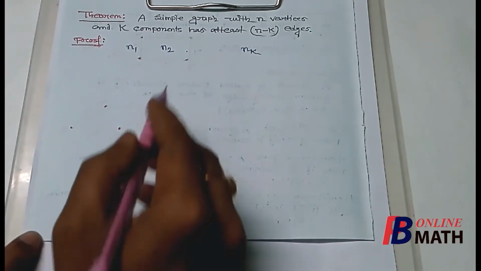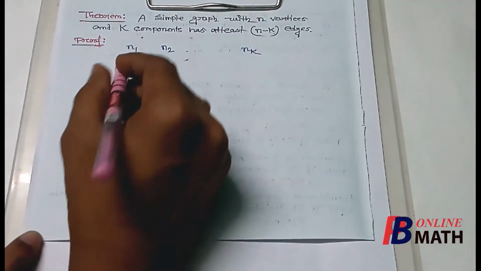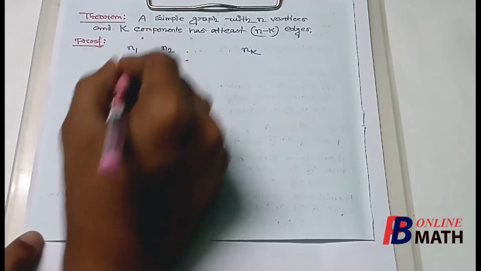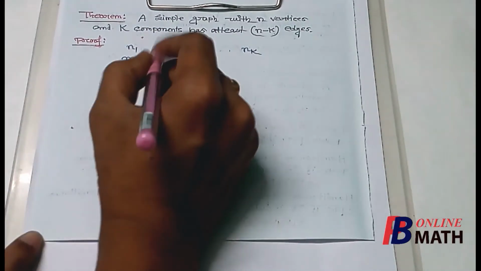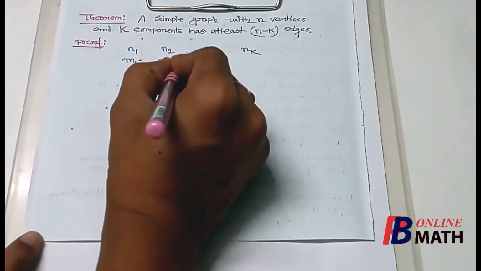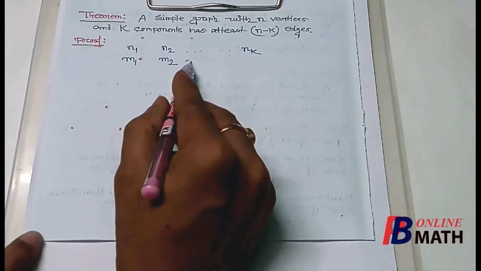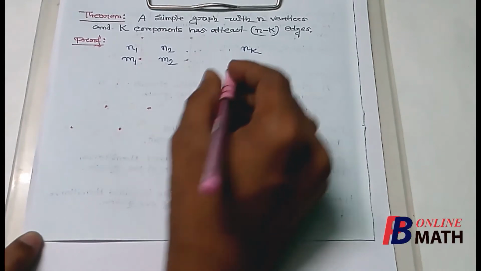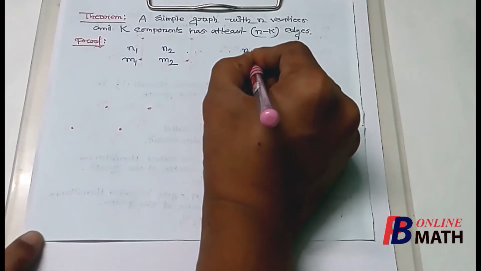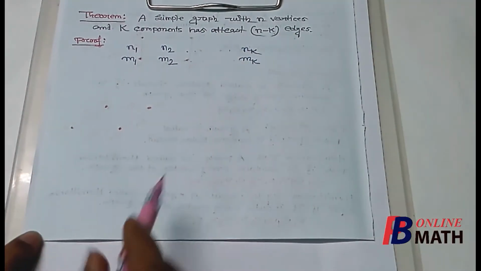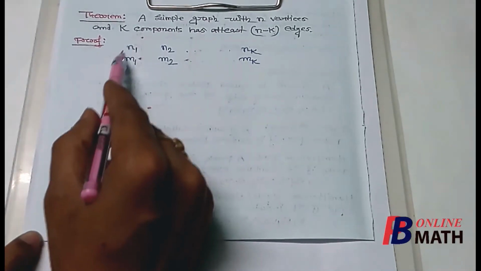Next we assume that the first component has m1 number of edges, the second component has at least m2 number of edges, and continuing in this way, the kth component has at least mk number of edges. Now we just consider the first component.